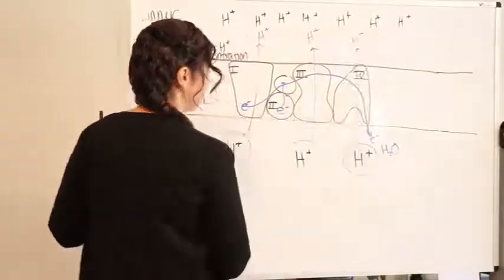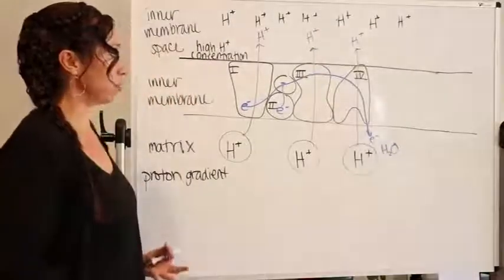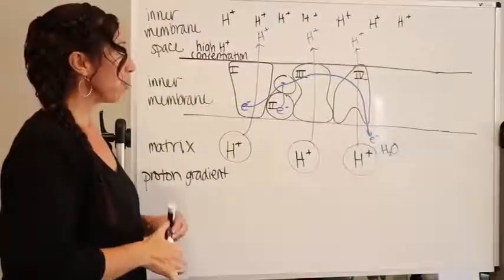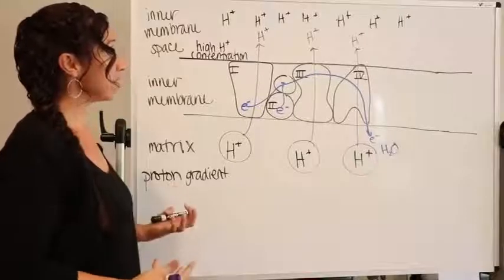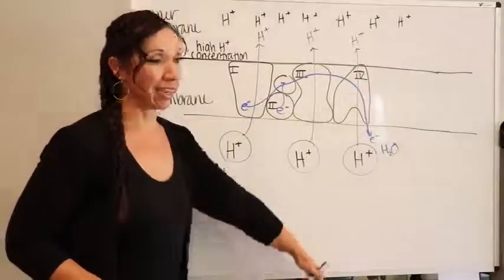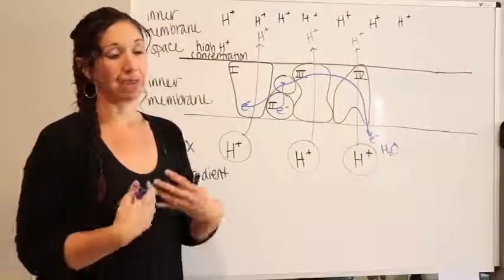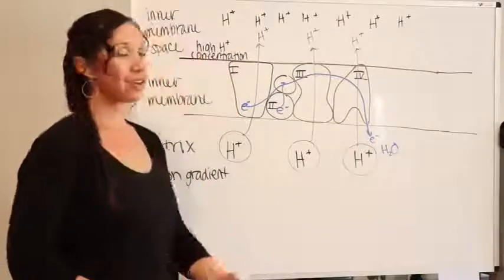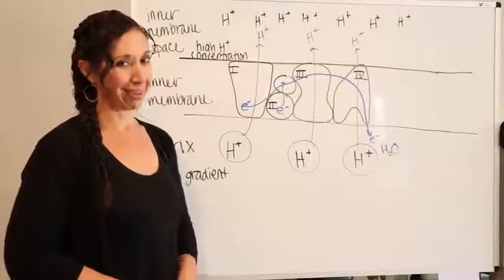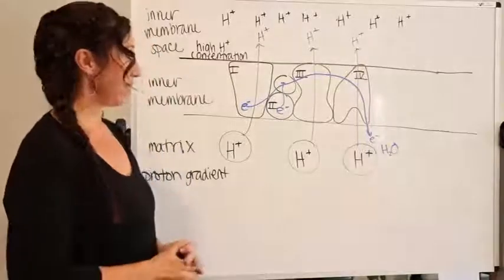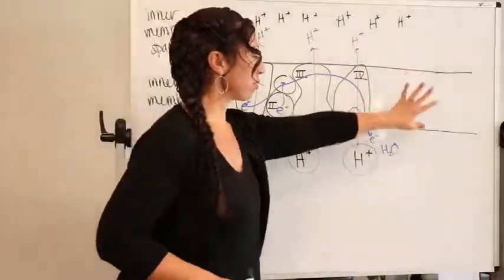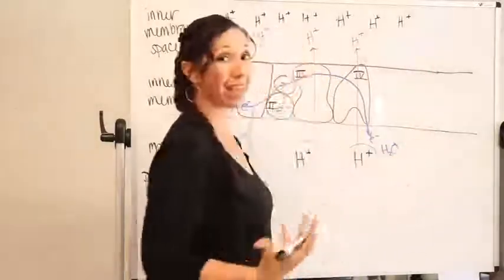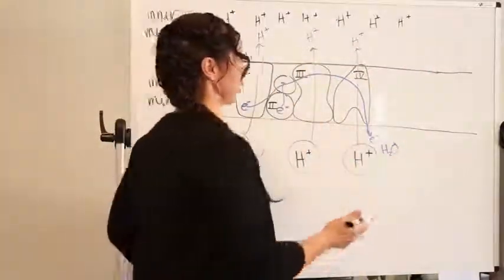Now you still have some protons down here, but it's a low concentration. What these protons naturally want to do now is go back down their gradient. They want to take the path of least resistance and just roll right down. Enter the coolest enzyme ever. Towards the end of the electron transport chain, you have another protein complex here. This is where the chemiosmosis part really starts going.